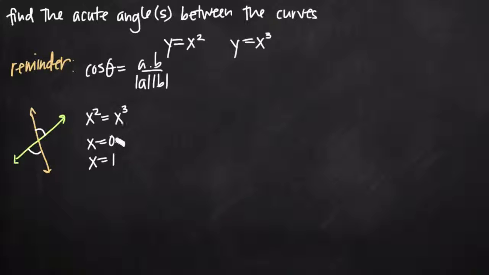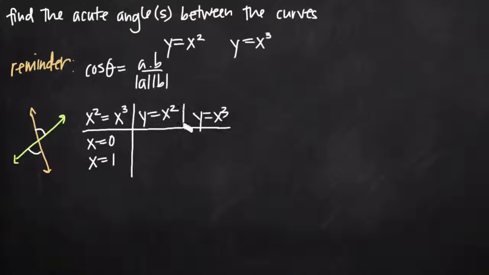So what we're going to do is take x equals 0 first, and plug it into y equals x squared. Let's make a little chart like this. We'll say y equals x squared, and then we'll say y equals x cubed, like so, and we'll divide these.